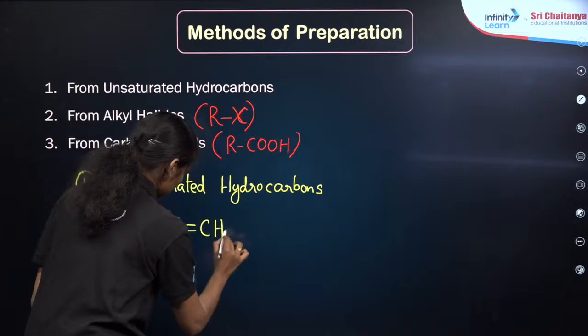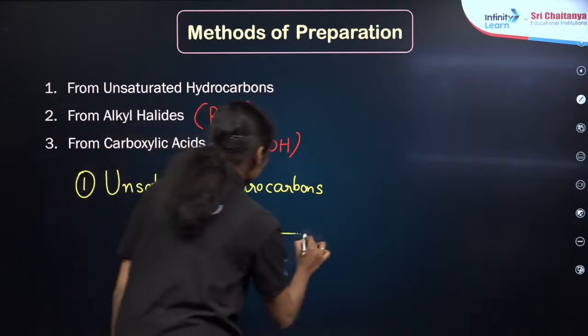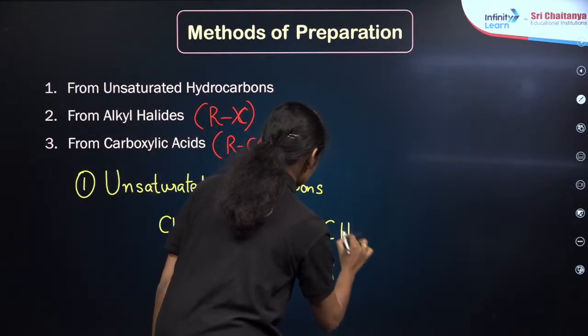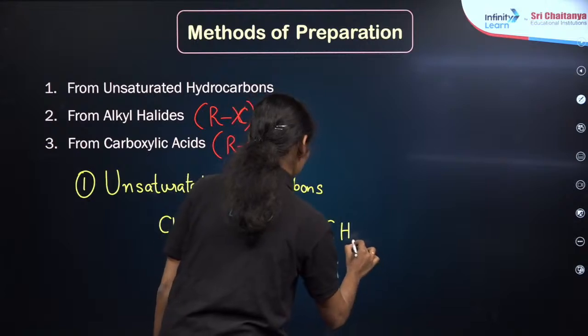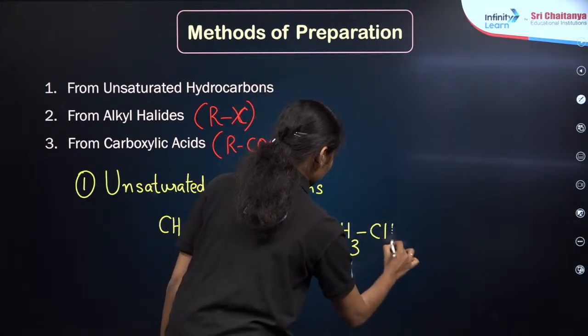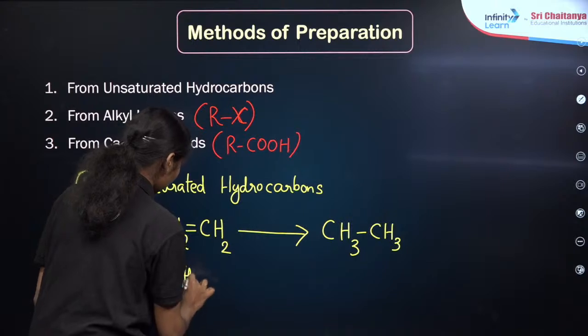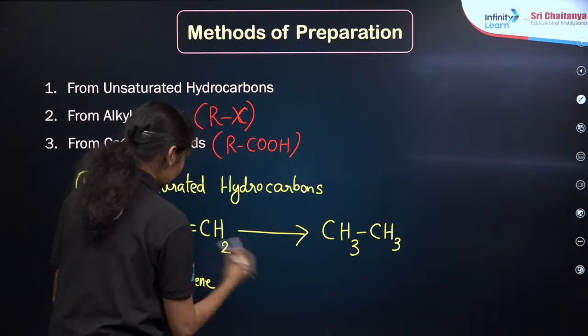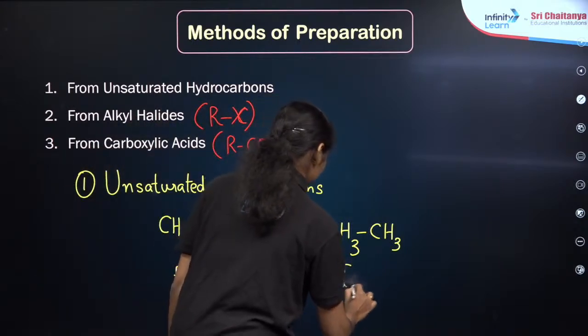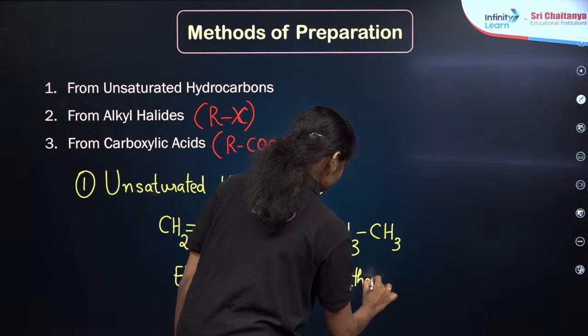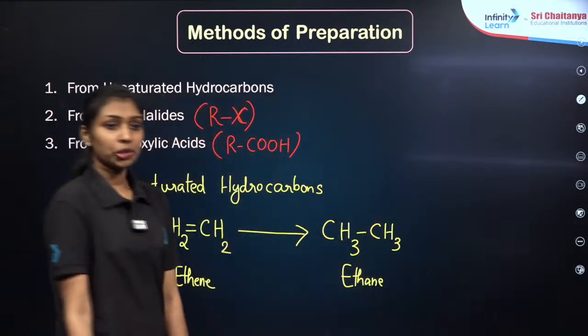You need to convert it into CH3-CH3, ethane. What do you have to do? Any idea what you are adding here? What are you observing here?